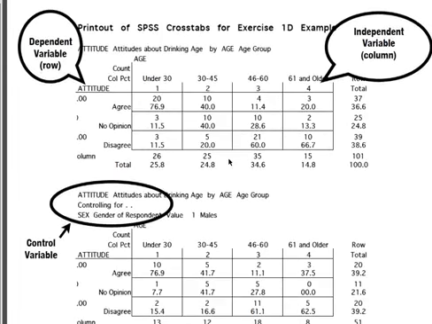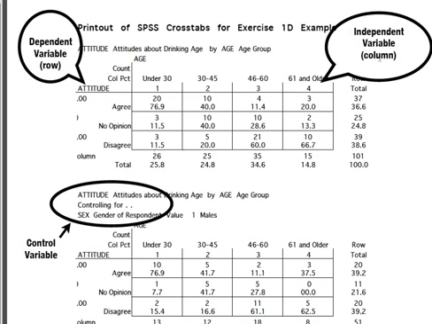Keeping in mind, when you look in the book, I have drawn out a diagram for you to make it a little bit easier. Your dependent variable is always going to be your row variable. In this case, when we're looking at attitudes about drinking age, your rows are going to be the attitudes, whether people agreed, had no opinion, or disagreed.